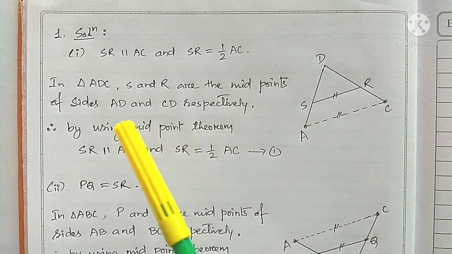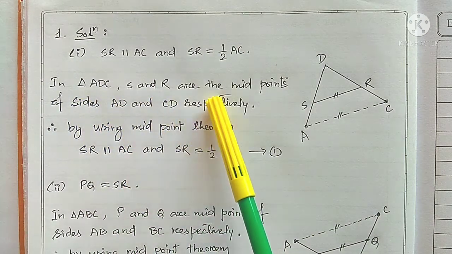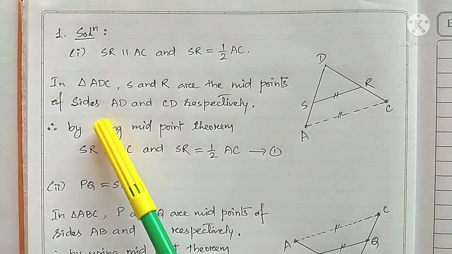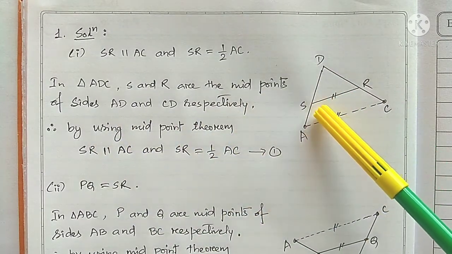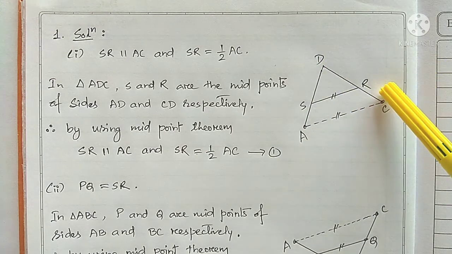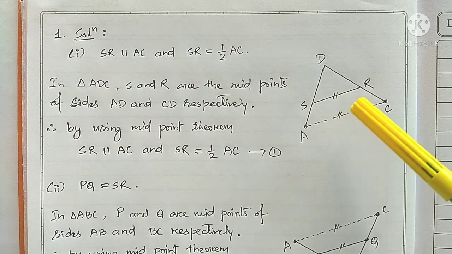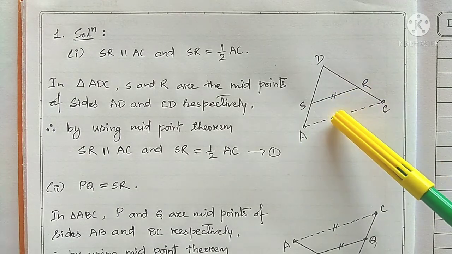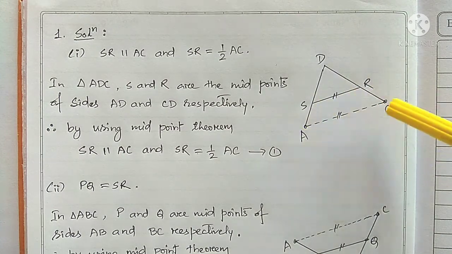So here it is written: in triangle ADC, S and R are the midpoints of sides AD and CD respectively. Using the midpoint theorem, we know that these two sides are parallel, so we write SR is parallel to AC.